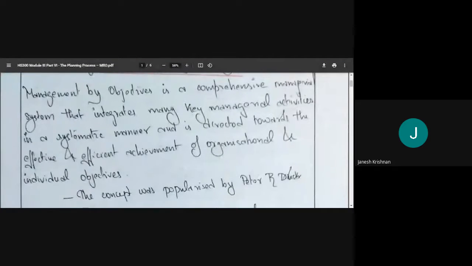Integrates means involves, includes, adds; simply, you can say plus. So we are adding many key managerial activities.